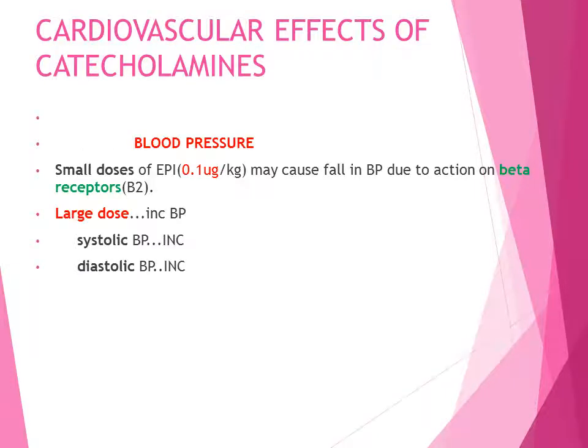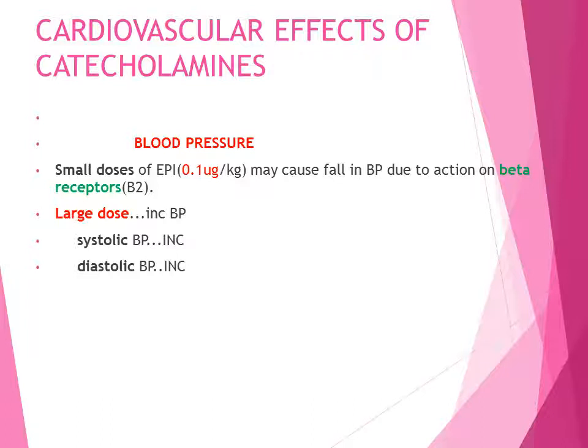Cardiovascular effects of catecholamines. Small doses of epinephrine may cause a fall in the blood pressure due to action on the beta 2 receptors, while in large doses epinephrine causes increased blood pressure, an increase in systolic blood pressure as well as an increase in diastolic blood pressure.